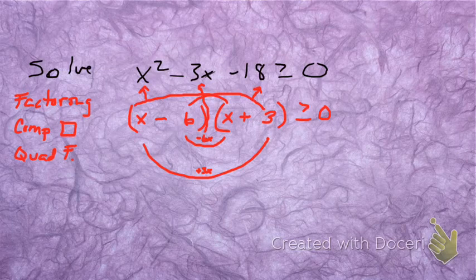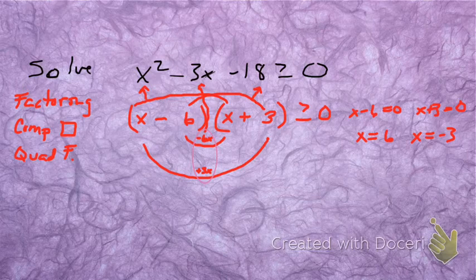After we have a correct factorization, we bust those things out of there and set them equal to 0. And we get our solutions of 6 and negative 3. Those are the points on our number line.